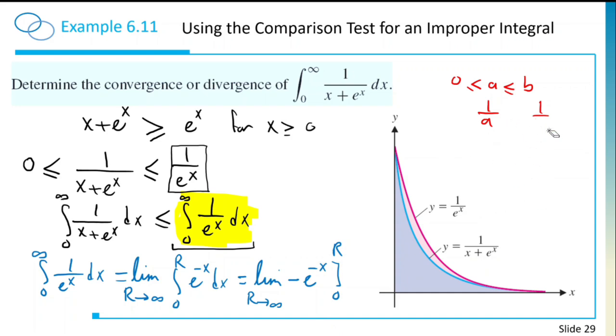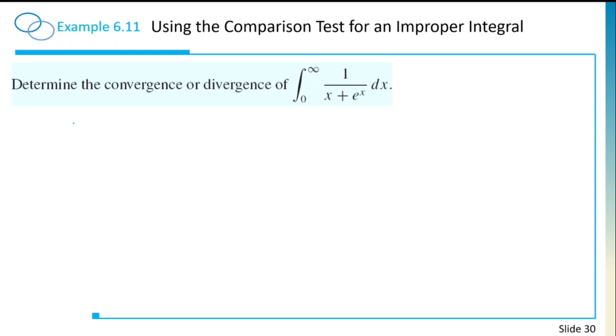Let's erase this fact in here. Now, to find this integration, let's continue on the next slide from this step. So this is equal to the limit as r approaches infinity. If I replace from 0 to r, this equals negative e to the power of negative r minus negative e to the power of 0.